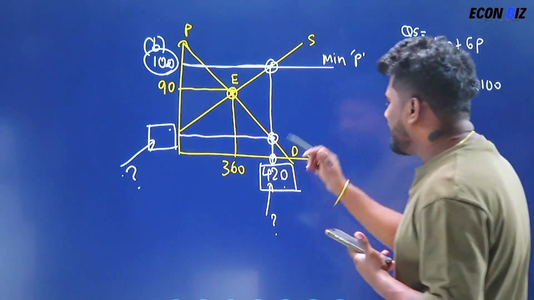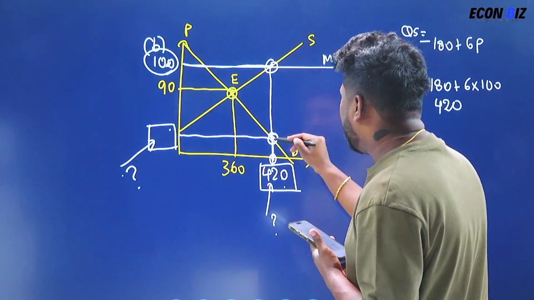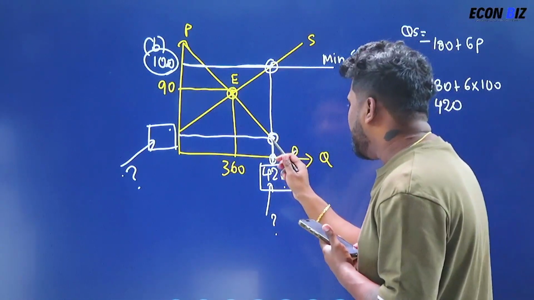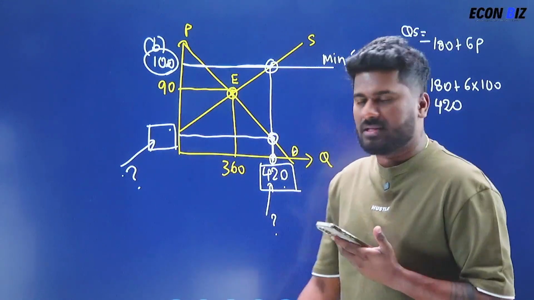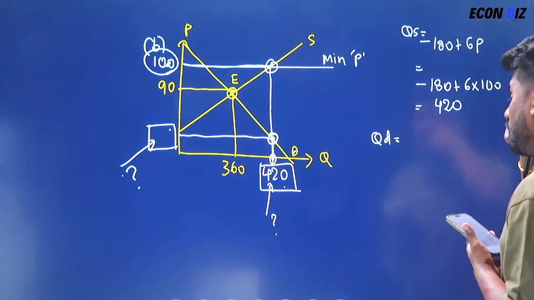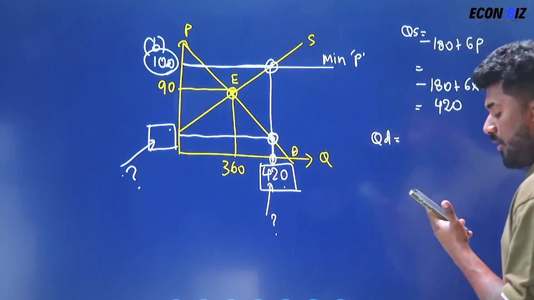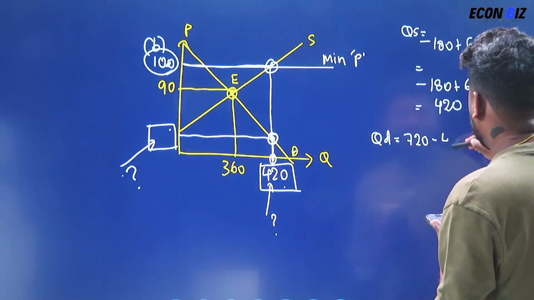Now, once this 420 reaches the market, that means once this 420 meets the demand curve, what is the demand price? This is the market price. Now you have to find out the demand price. In order to find out the demand price, you have to use the demand equation, 720 minus 4p.